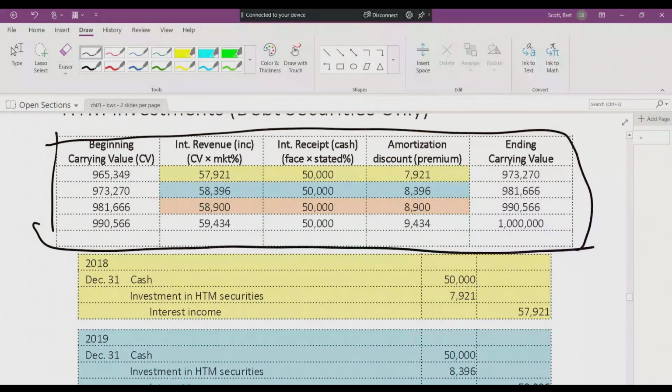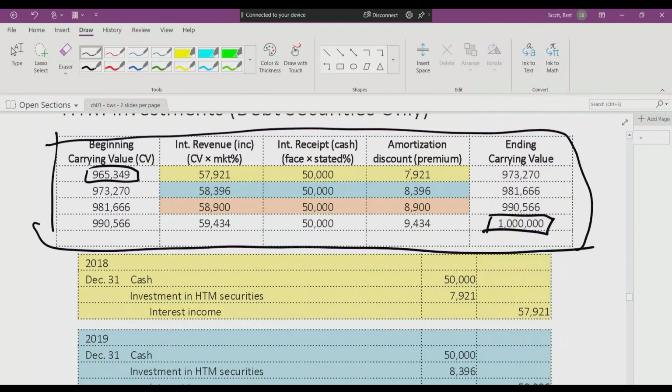In this example they gave us in the book, the company bought securities at a discount. The principal or the face value is $1 million, but it was bought at a discount of $965. So there is going to be about $234,000 extra income that comes from this investment, but we don't recognize the full amount at once.